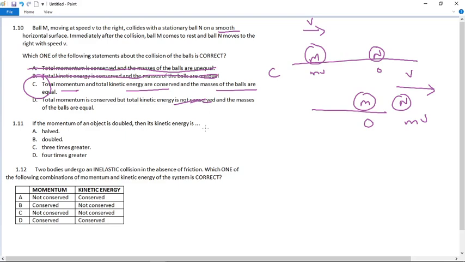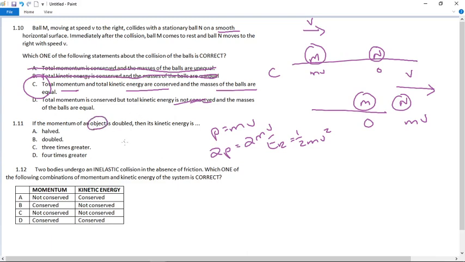All right, so now we go to 1.11. If the momentum of an object is doubled, P equals mv, then its kinetic energy, which is Ek equals a half mv squared. Now if we are doubling the momentum of the object, it goes from P to 2P, must be 2mv. I think we have to assume the object is not changing its mass.